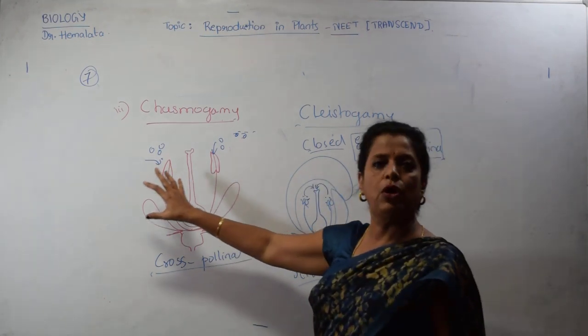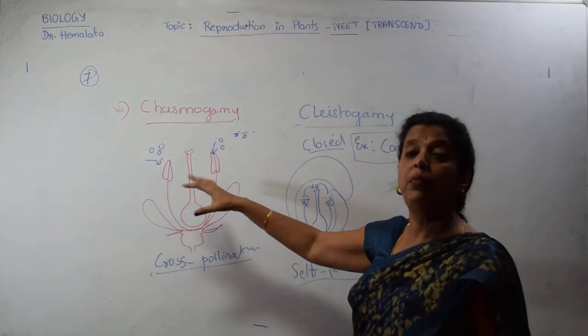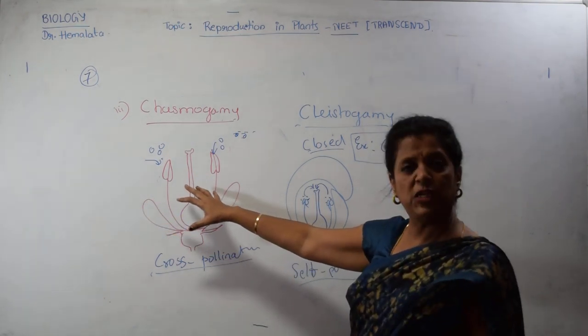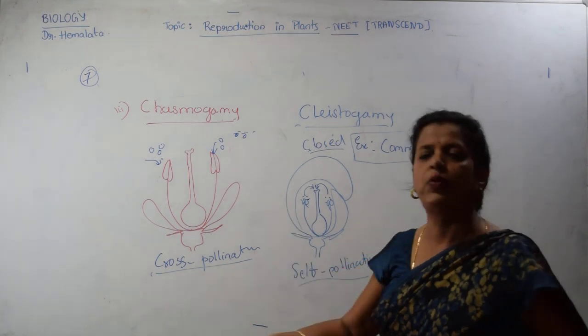This is cross-pollination. The probability of this chasmogamous flower is to undergo cross-pollination.